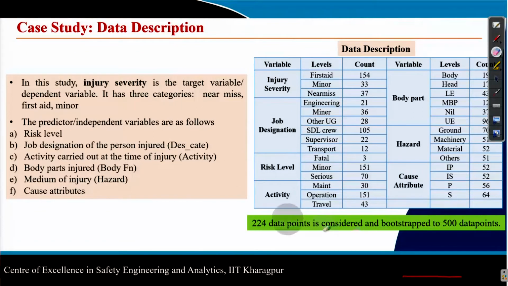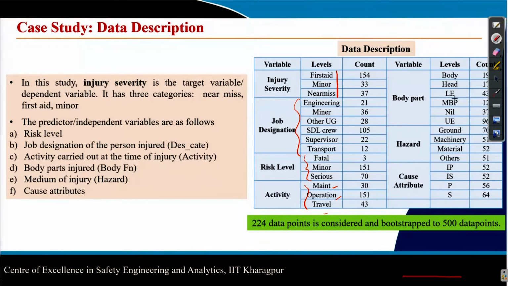Okay, but here these are basically the other variables. You can understand that these are all categorical variables. Severity, three categories. Job designation, 1, 2, 3, 4, 5, 6 categories. Risk level, 3 categories. Activity: maintenance activity, operation, travel related activities.